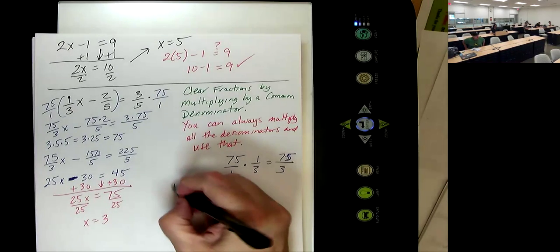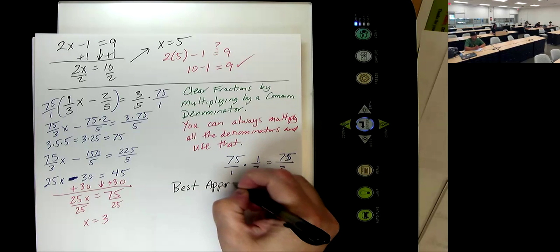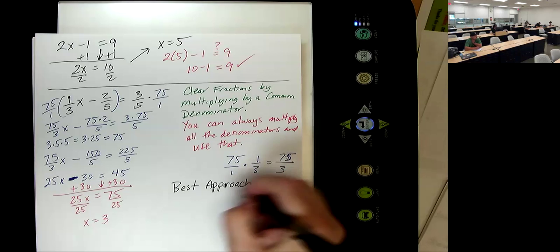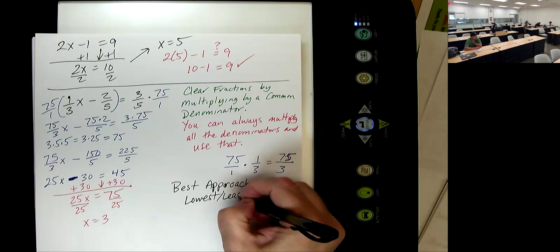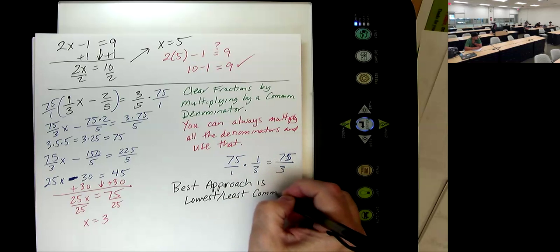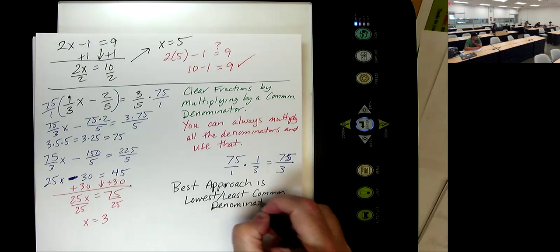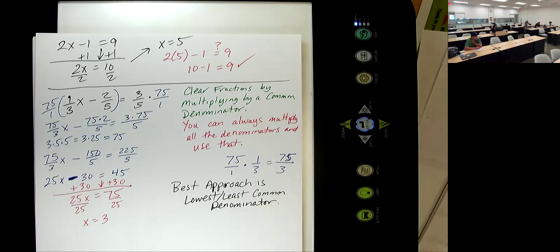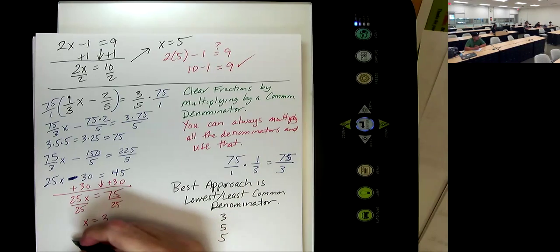The best approach, though, is lowest common denominator or least common denominator. And we did this before when we did fractions. Take the denominators, and rewrite the equation real quick.